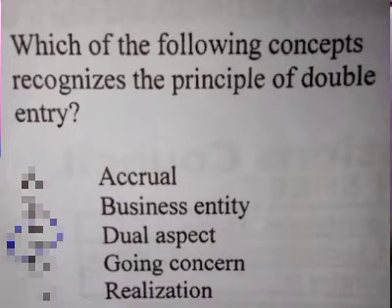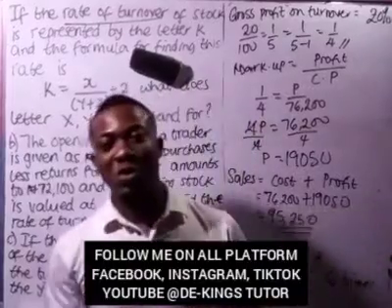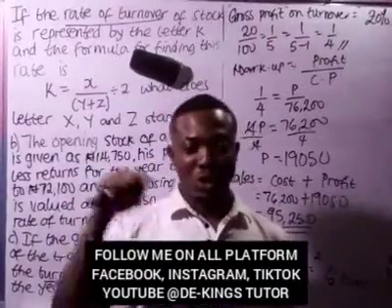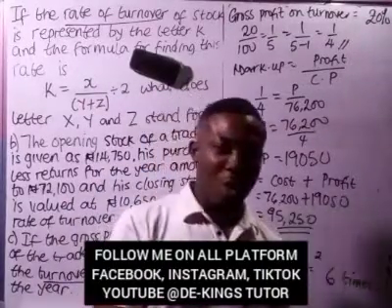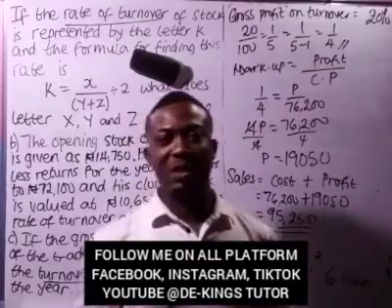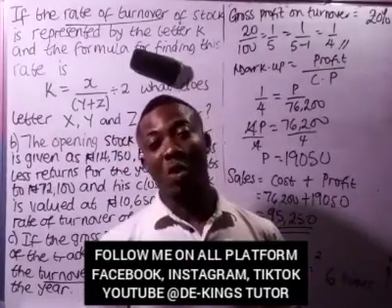Just answer the question with either A, B, C, D, or E. Drop it in the comment section, the option and the word that is attached to it. Then I'll reply to you in the comment section.